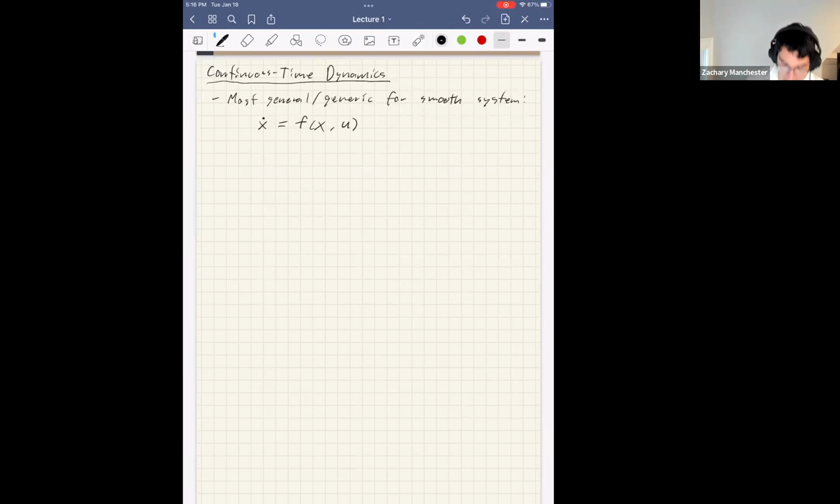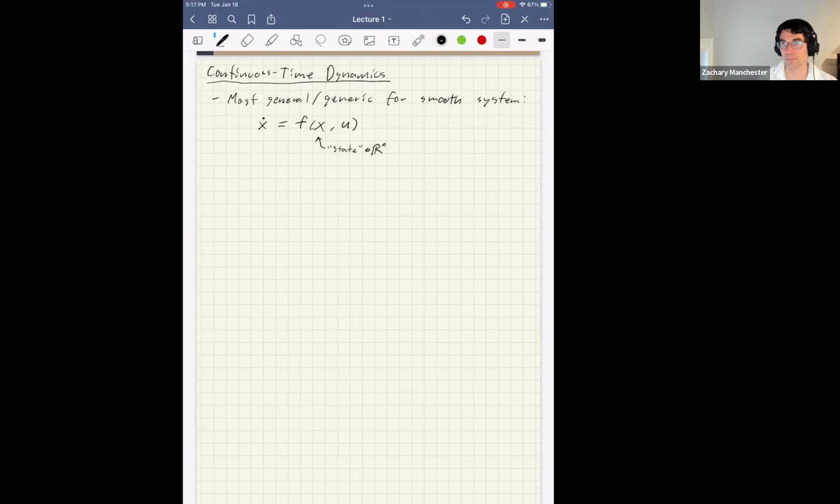So x here is generically called the state. And this is a vector in R^n usually, although it's often not. In fact, most of the time in robotics, it's not, but we still kind of assume this in a lot of cases.